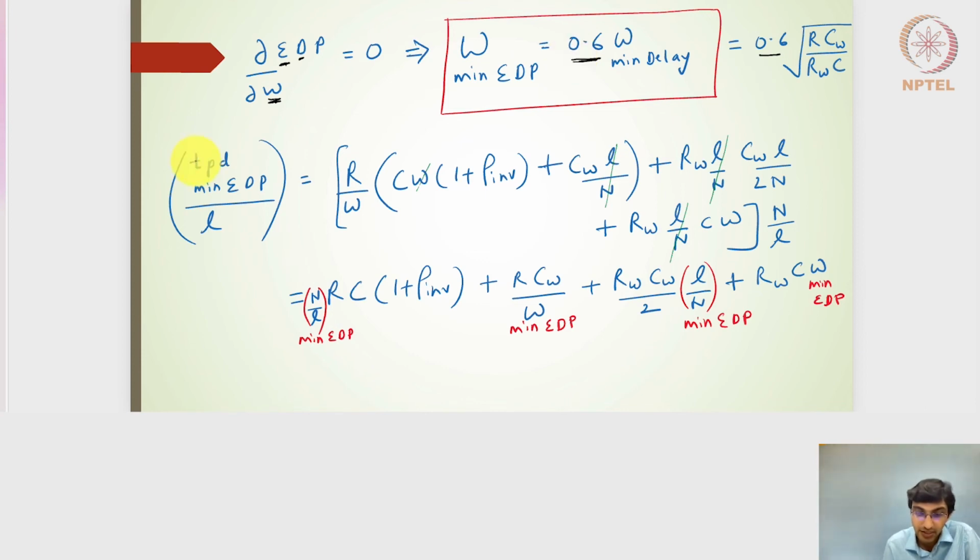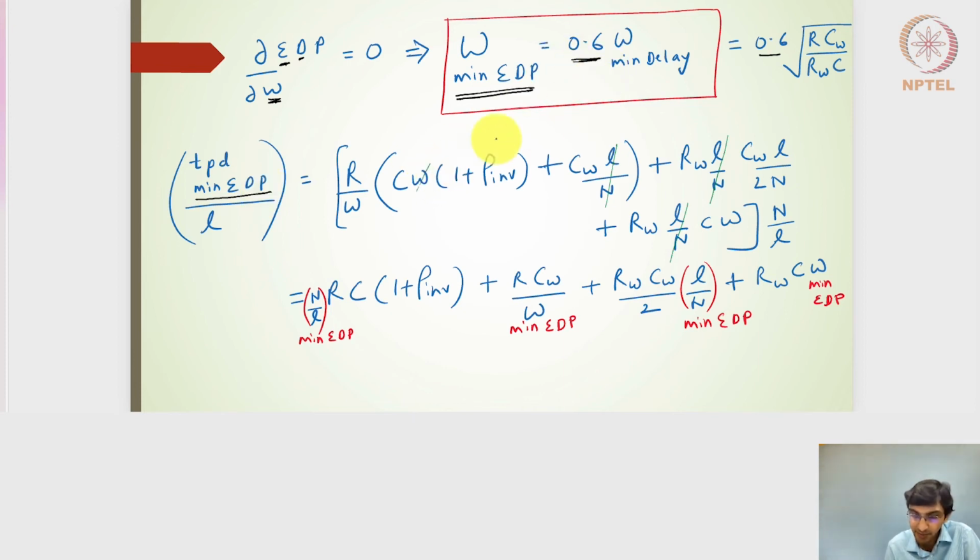All right. So now if I have the optimized W and optimized L by N for achieving the minimum EDP, what should be the delay per unit length when we have designed our repeaters and the number of repeaters for the minimum EDP?